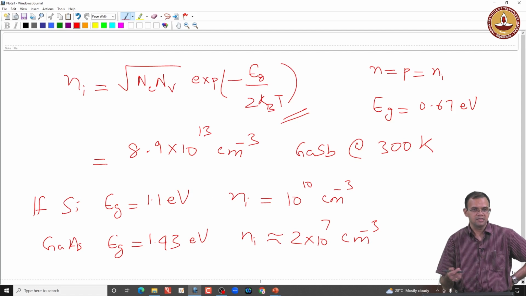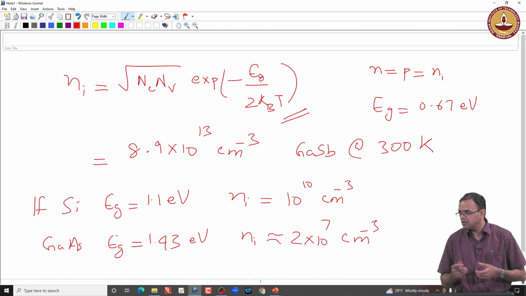And this has some implications for us. I think tomorrow we will talk about metal oxide semiconductors. They all have band gaps that are pretty large. So if I have something like zinc oxide, band gap is 3.4. If I had some other oxides, typically band gaps can be 2, 3 eV. If I have a large band gap, then this value of Ni is going to be even smaller, and then we will say there is no conduction because there are no charge carriers.